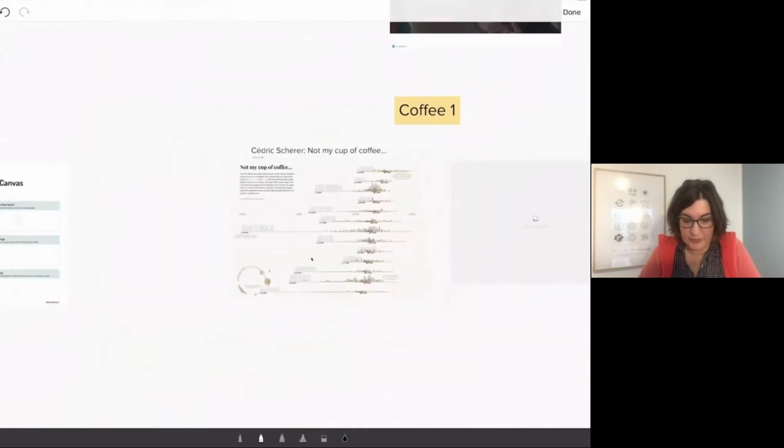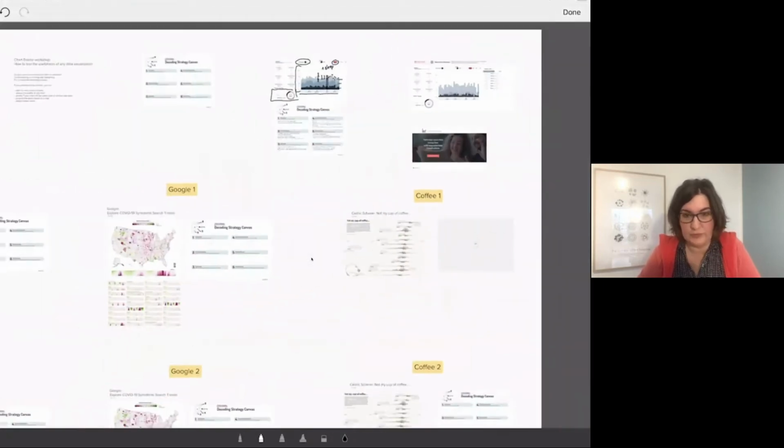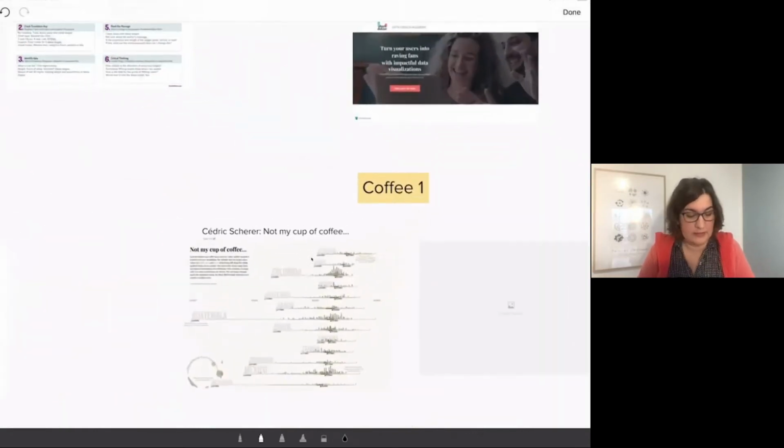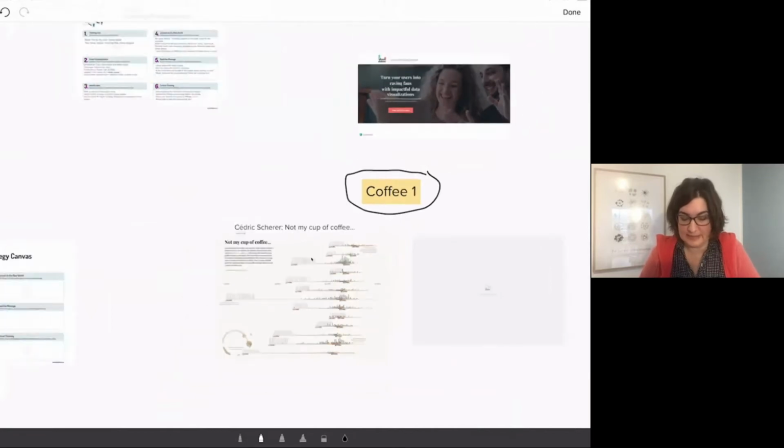So you will be moved automatically to one group, and please pay attention, because these yellow labels here are the group names. And please go into this mural. I will put the link in the chat, and you should have free access as a guest.